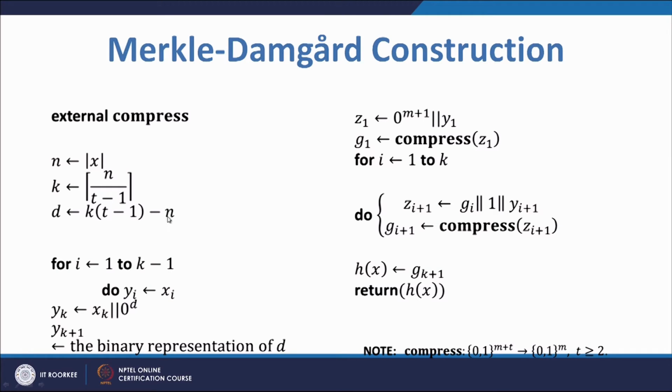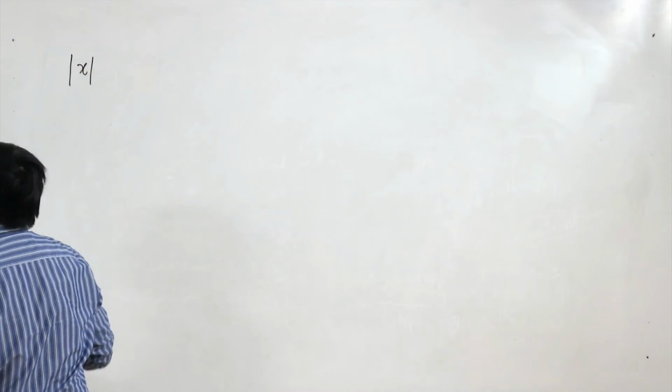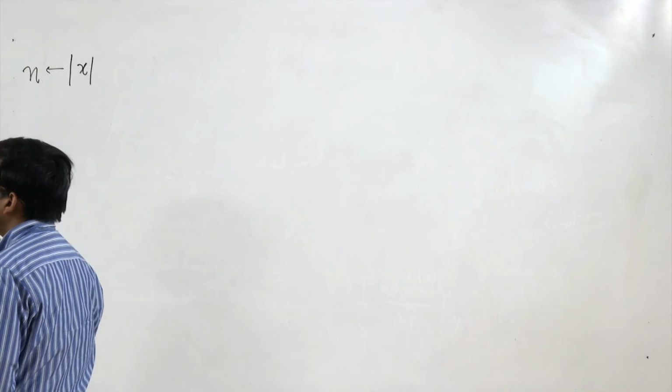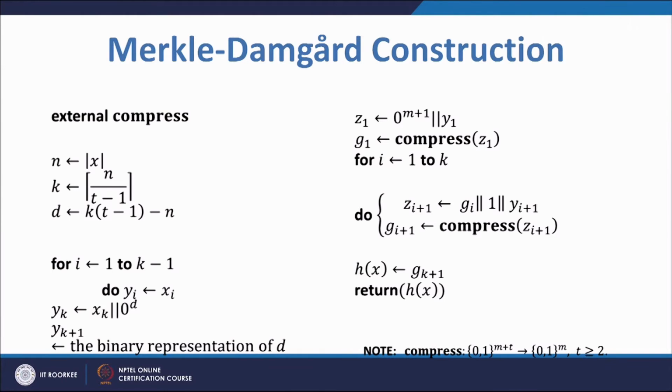So, in the first step we compute the length of x and we store it in n. This is the length, and then what we do is that we divide n by t minus 1 and take the ceiling of the result.